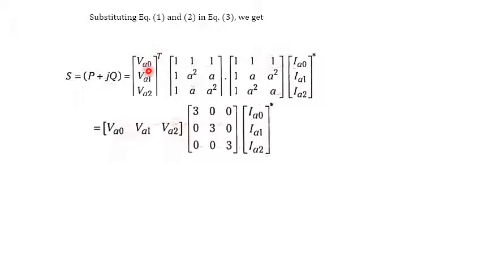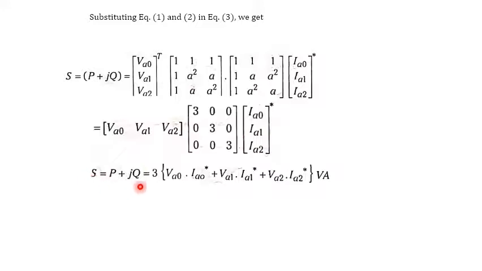The transpose of this matrix converts the column matrix into a row matrix. While multiplying these matrices, we get only the diagonal elements, and this is the value of the current. Multiplying this, S equals P plus jQ will become 3 times (VA0 IA0 conjugate plus VA1 IA1 conjugate plus VA2 IA2 conjugate).